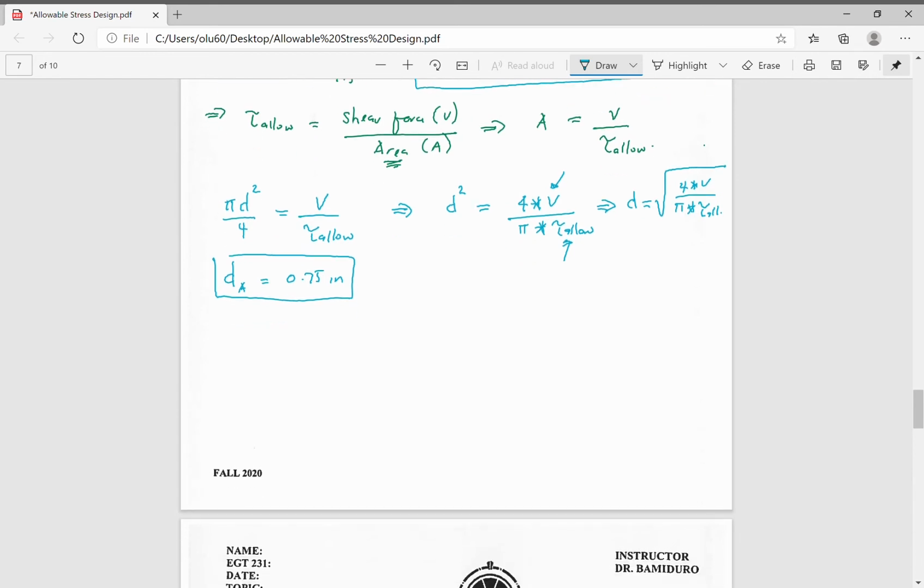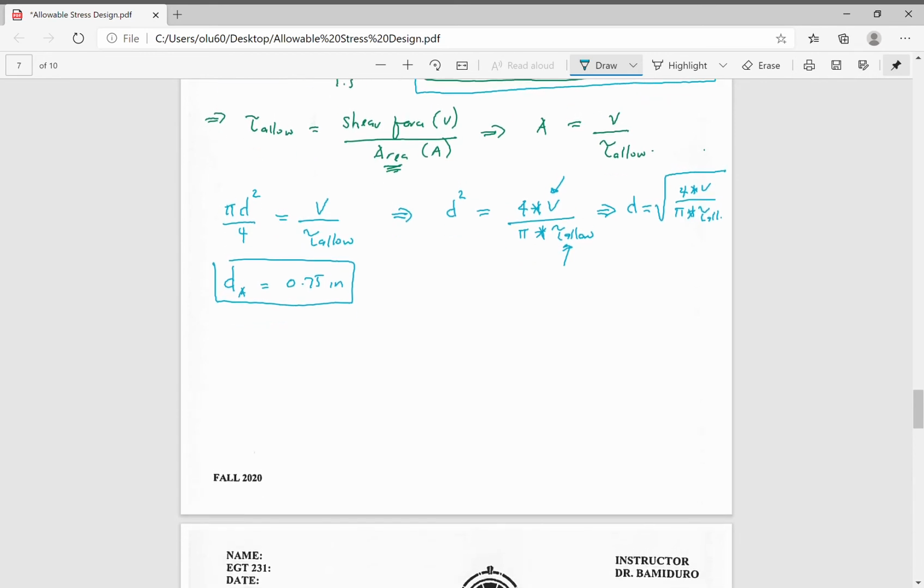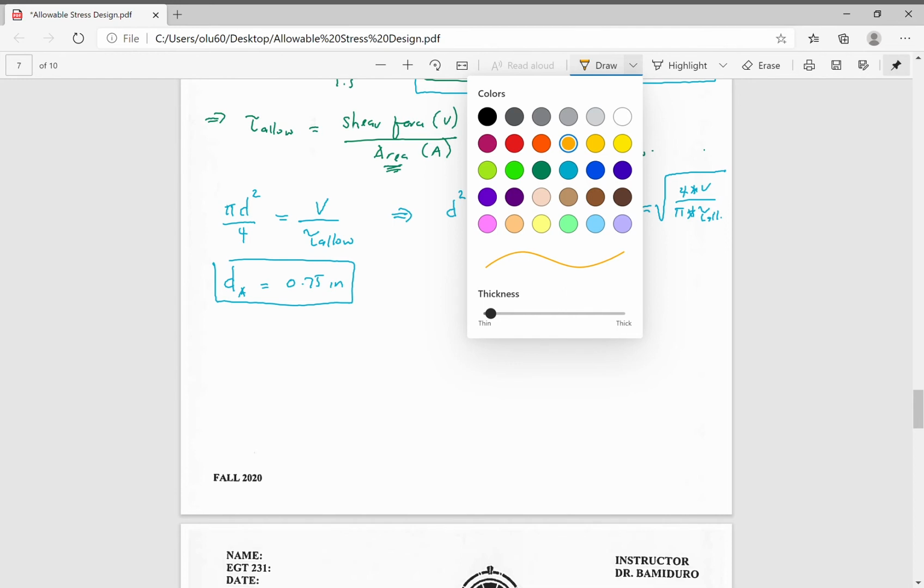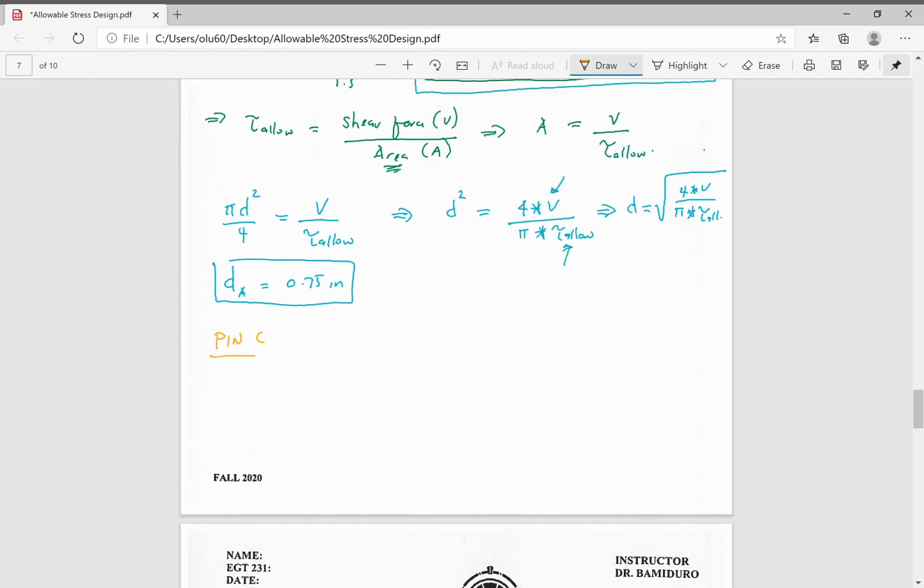Okay. Now at pin C, pin C again experiences a double shear. Typically what that means is we know that our resultant force at C was 6.1 kips, so it's going to have a shear force here and a shear force here.